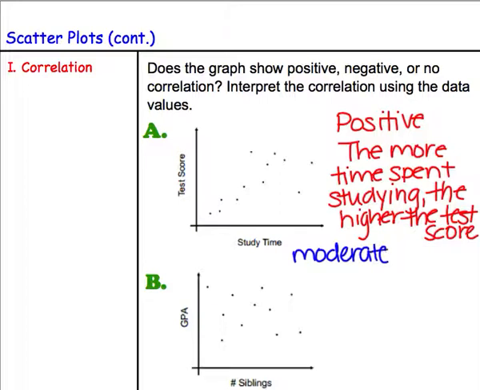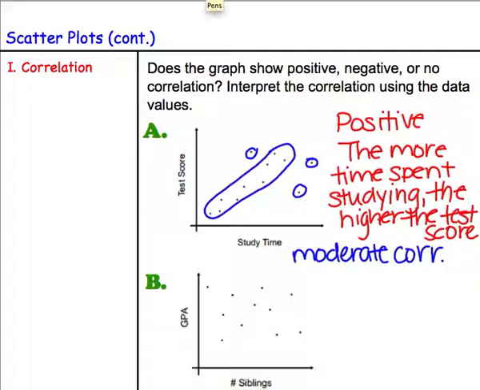Now, while the points are a little bit spread, if you take out these 3 points that are kind of outliers, the majority of the data falls within this tight area. And so it is a fairly strong correlation, but we're going to say moderate because we do have these 3 points that kind of scatter away from the general population.